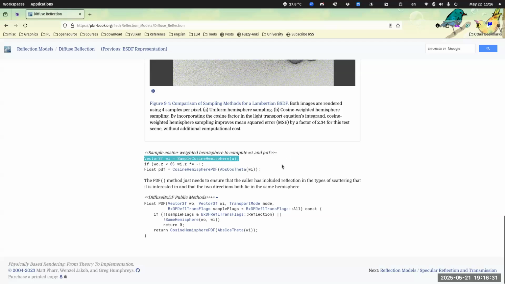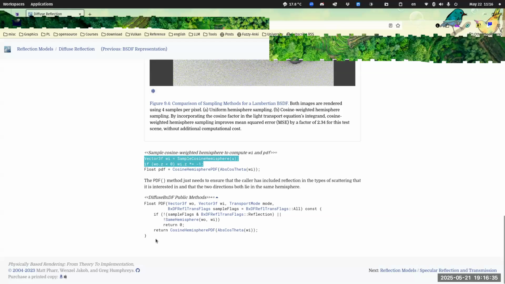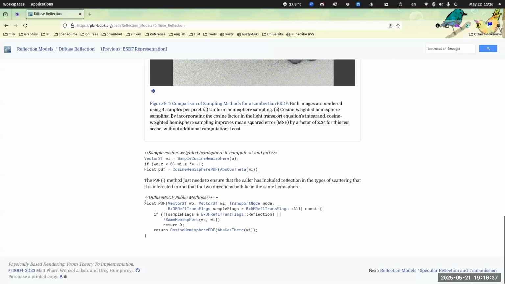Yes. And also they need to adjust for the PDF, which just calls the cosine hemisphere PDF helper function.